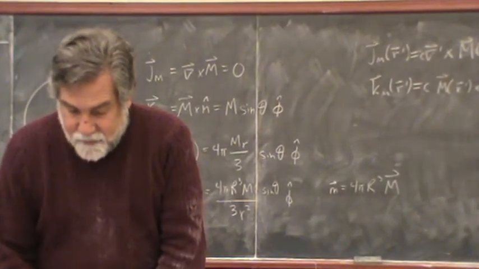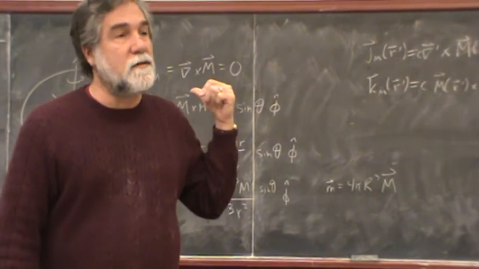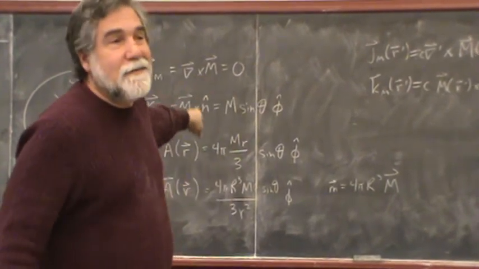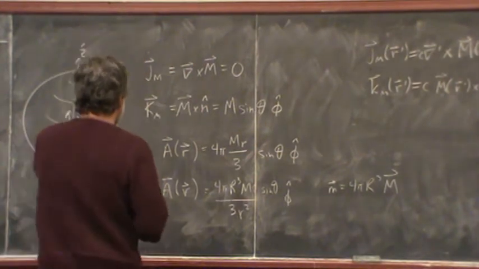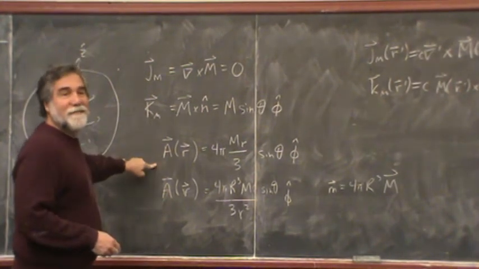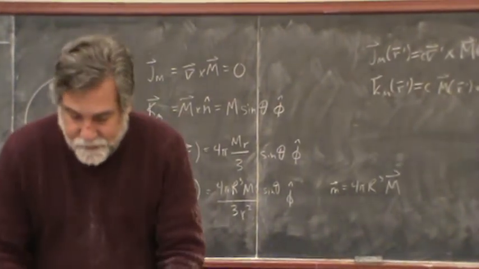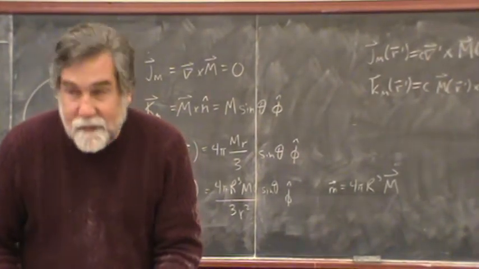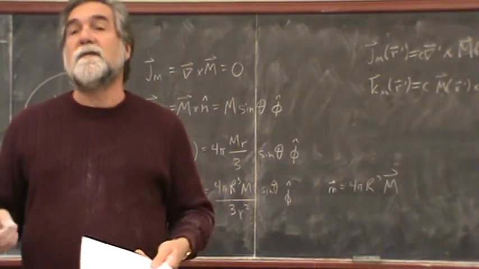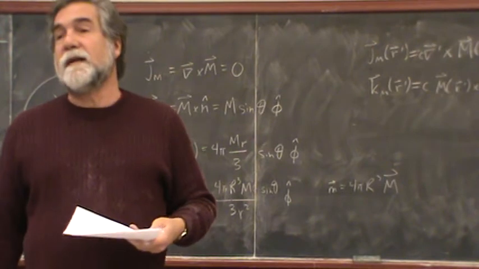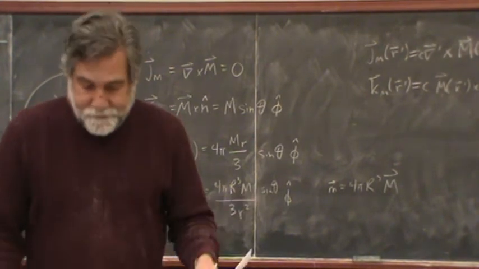I will put up more steps as far as that solution is concerned, because there are a few steps between here and there. I'll put up those steps, but that's the idea. You deduce the surface currents, then from the surface currents you find the magnetic field. Okay?